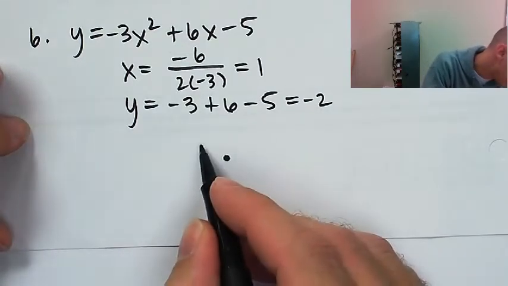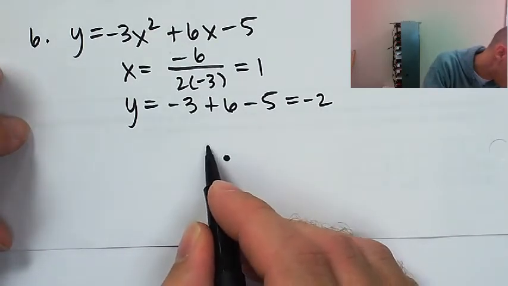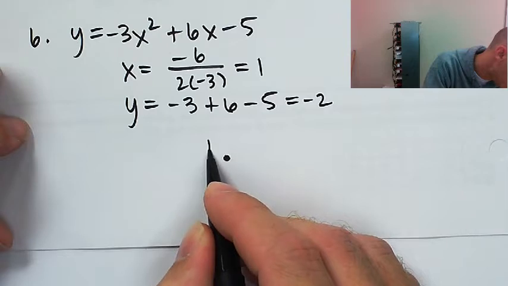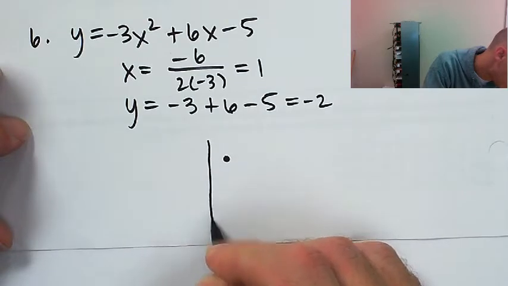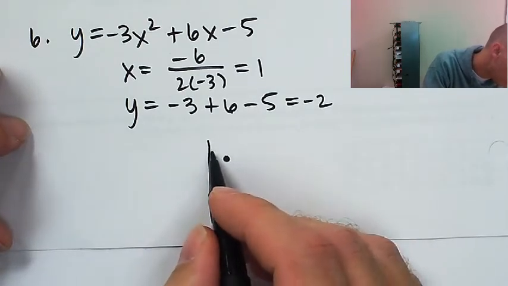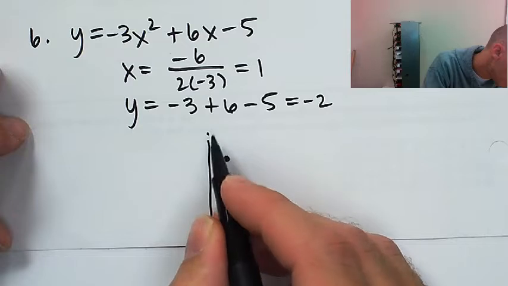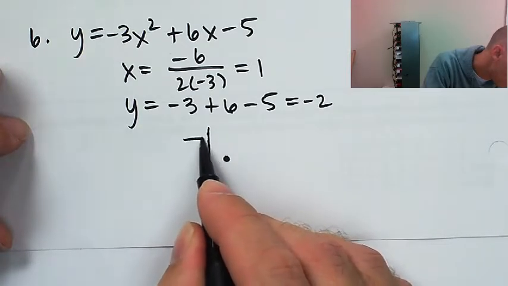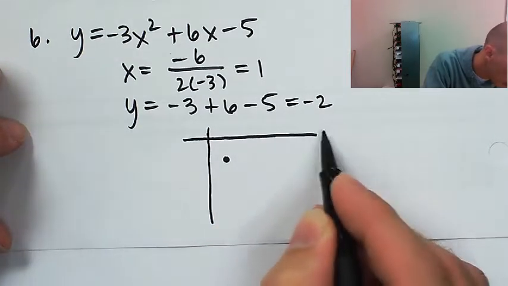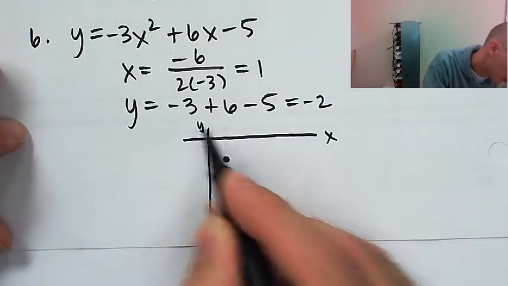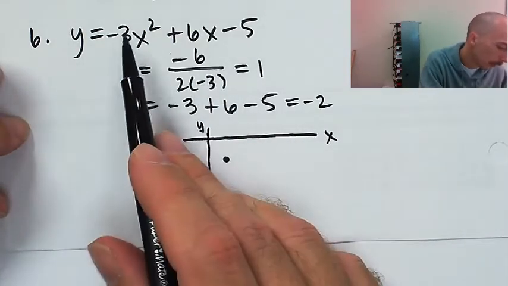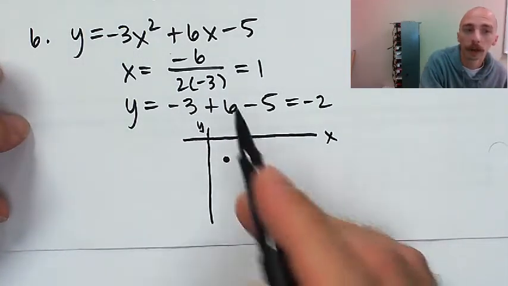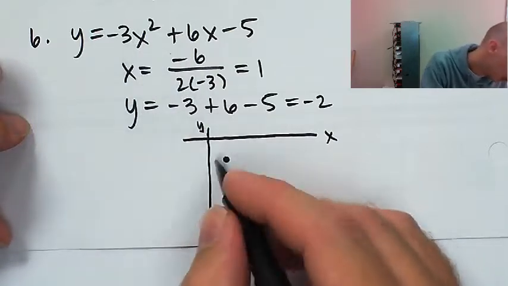So maybe this time I'll sketch the axes first. It's going to be closer to the y-axis than the x-axis. Yeah, because y is negative 2, so I'm going to draw the x-axis about right here. And then, okay, it's going to open downwards, and it's going to be pretty narrow because of the negative 3.